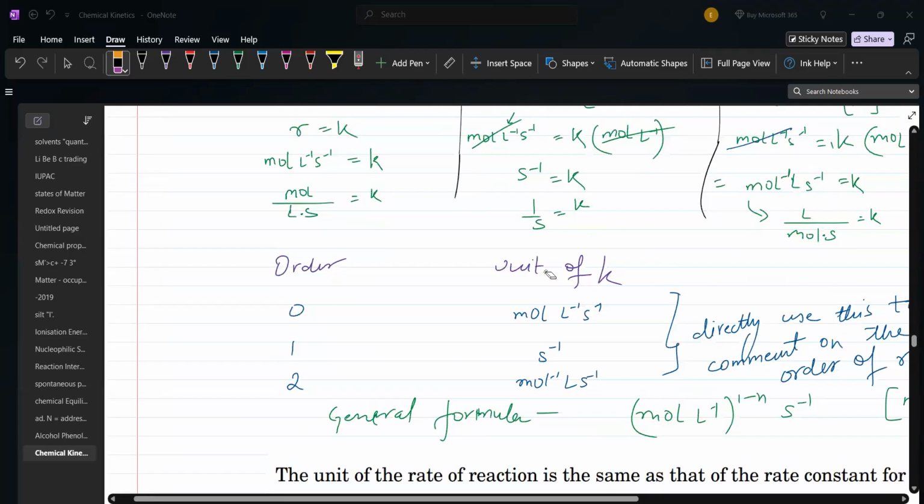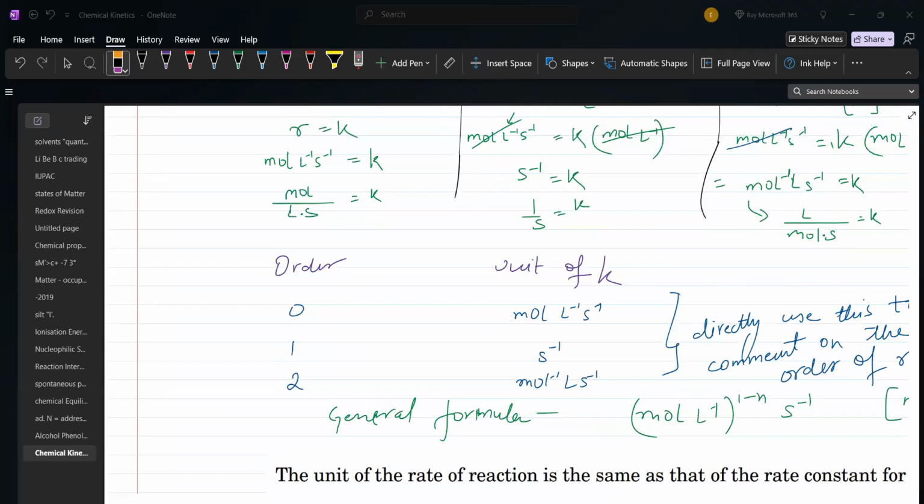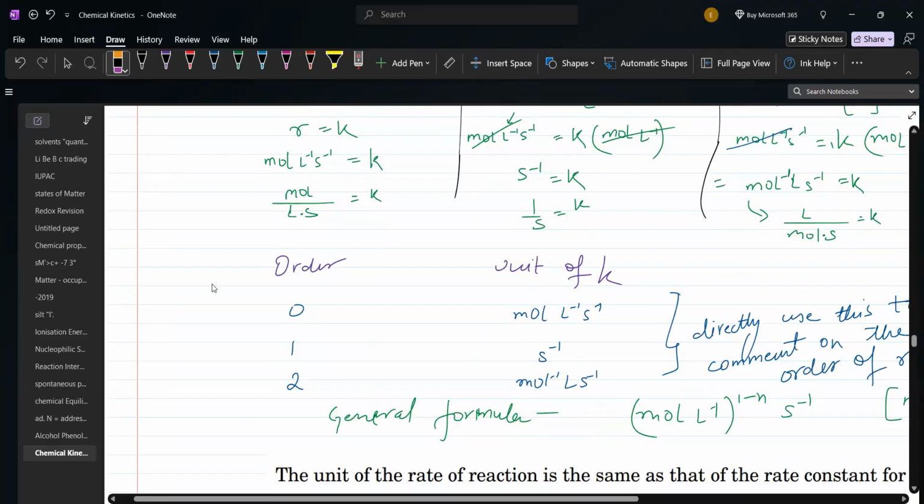The order can be directly commented on by the unit of k. If the unit of k is given, you don't have to look for the formula or data, nothing. You can directly comment on the order of the reaction. And don't have to remember the general formula also. Just remember 0 and 1.